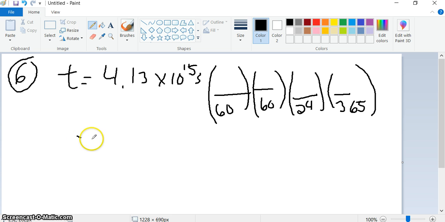So this would convert it to years if you just simply take this number and divide it by 60, divide it by 60 again, divide it by 24, and then divide it by 365. Here's what I get when I did this. It turns out to be approximately 1.31 times 10 to the 8th years.